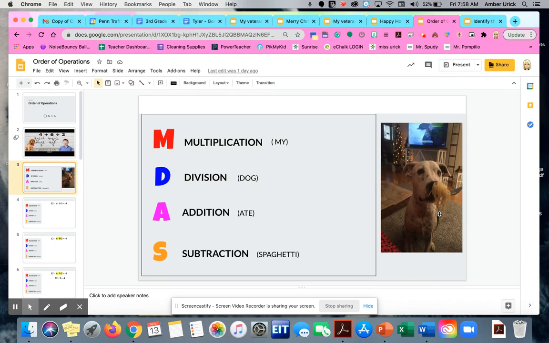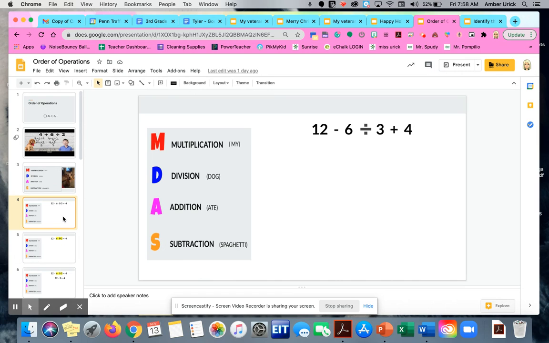We're going to practice an example, just like they did, of order of operations here. So I didn't put the picture of Winston here, but I did put the my dog ate spaghetti poster over on the left-hand side to try to help you.